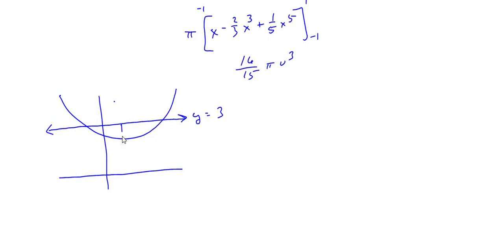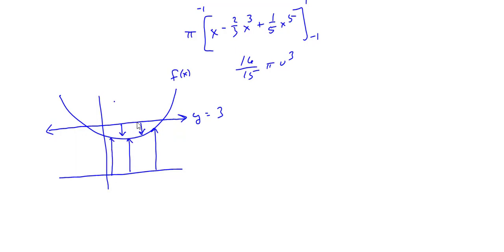I need this distance, don't I? That is still capital R. Distance from axis of revolution to your function. How do we get this distance? And remember, the function, let's say f of x, will give you all of these heights.